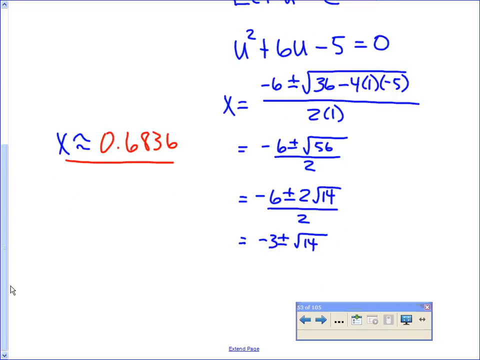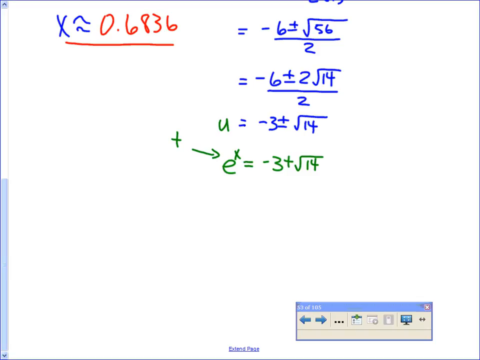Now if we substitute back in, keep in mind this is what u is equal to, and u is e to the x. So let's replace that. So we have this plus or minus the square root of 14. Now what I'm trying to say here is e to the x is always going to be a positive value. So that means that we don't need the negative result here. We just need this. Okay, so e to the x is that.